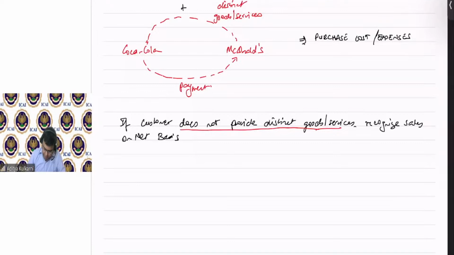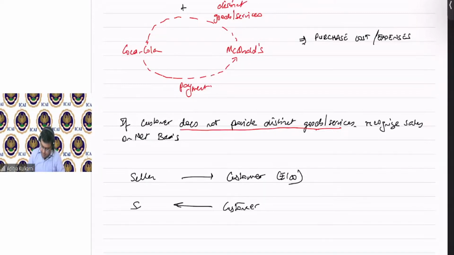So you have seller to the customer, this was rupees 100. Customer to the seller supplies goods or services of 25. Now, if these are not distinct, then revenue to be booked will be 75.